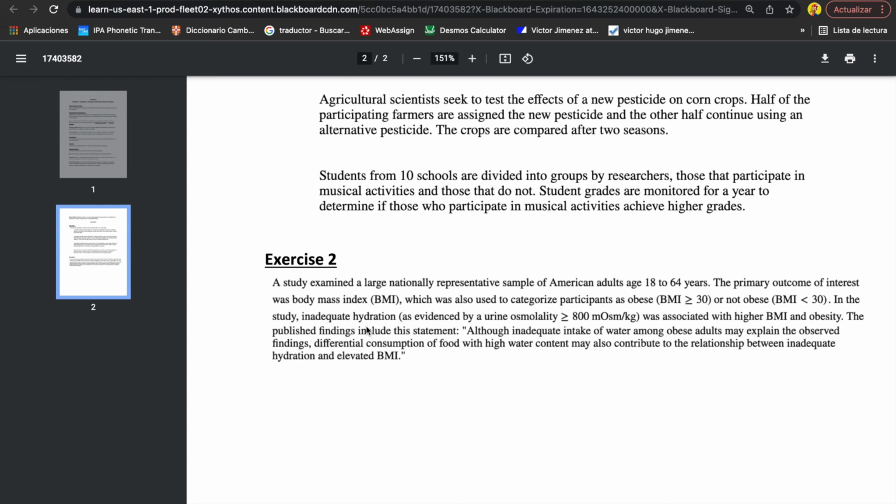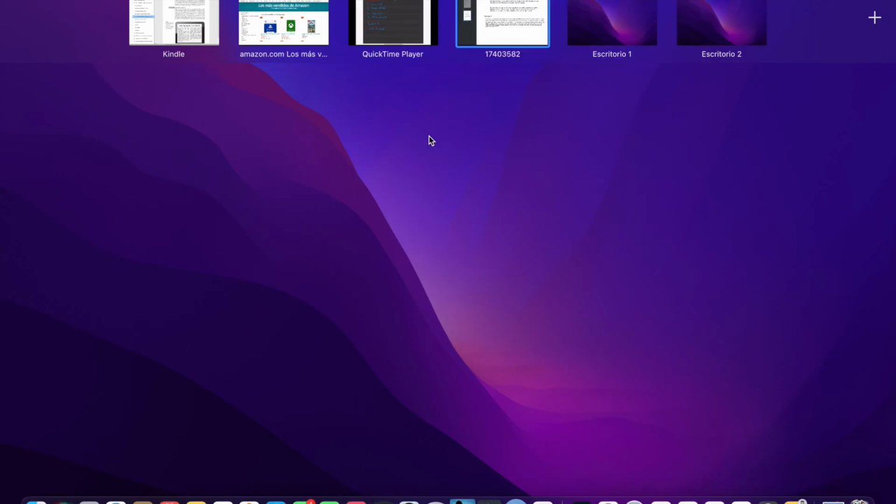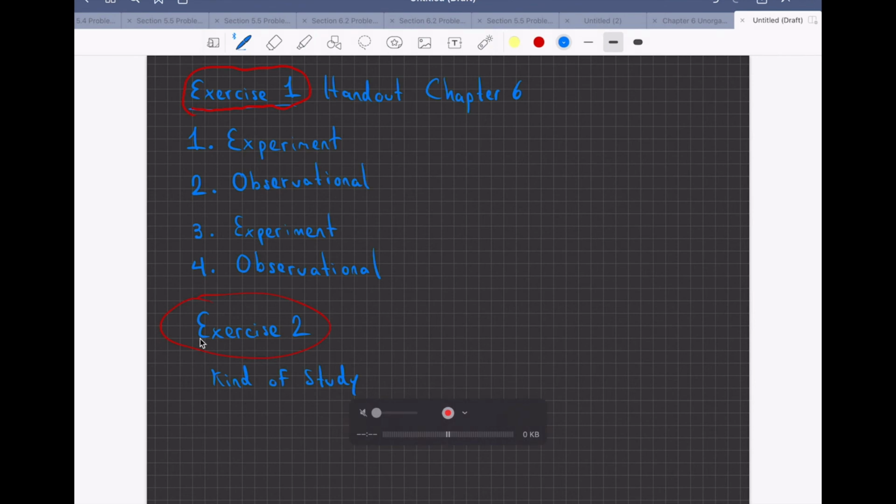The published findings include this statement. Although inadequate intake of water among obese adults may explain the observed findings, differential consumption of food with higher water content may also contribute to the relationship between inadequate hydration and elevated BMI. So in this case, what kind of study is this? Observational.